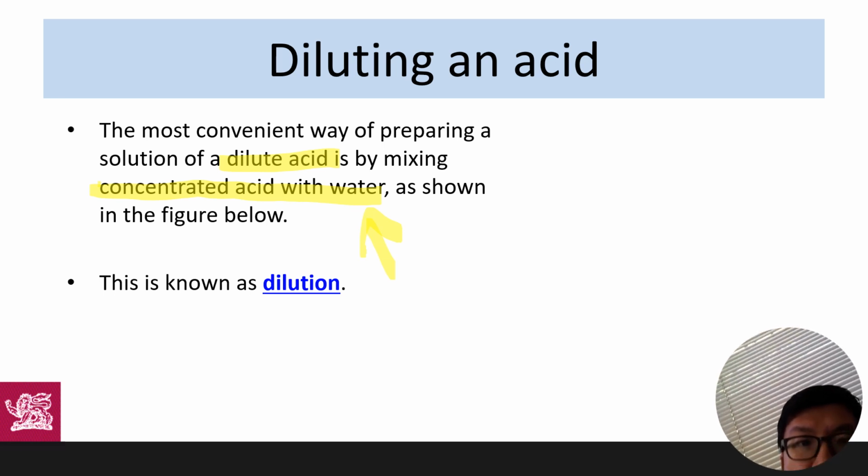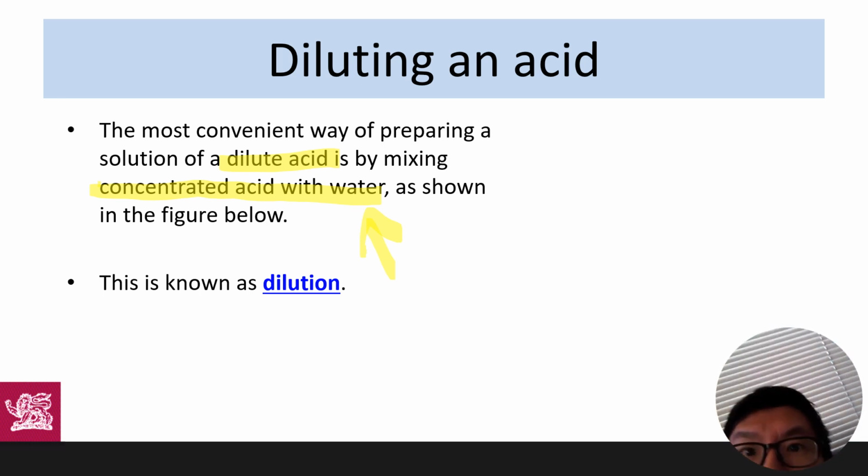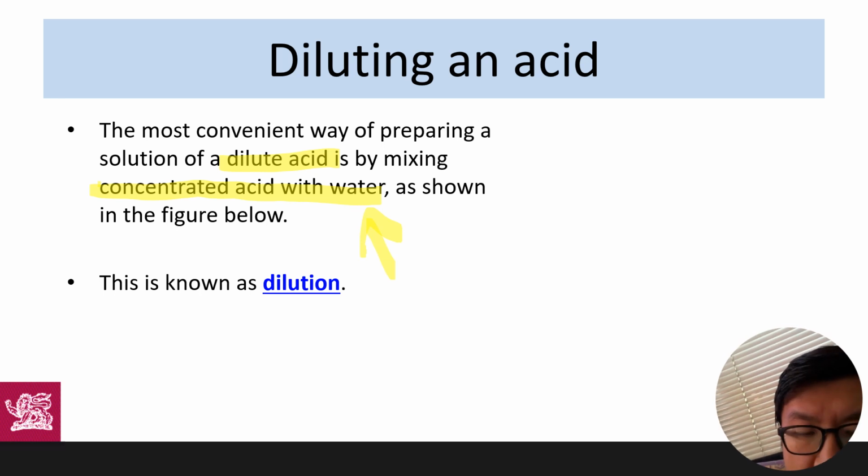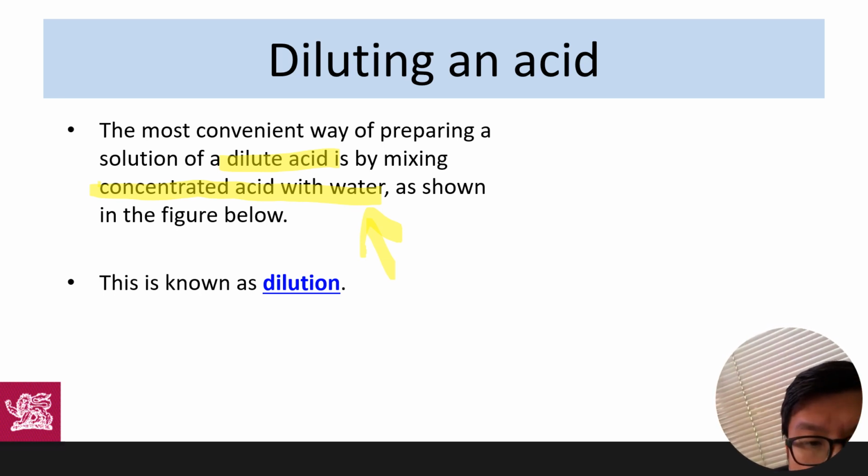Even though it will have the same number of moles in the entire solution, it will be more dilute, because dilution or concentration is talking about moles per liter.